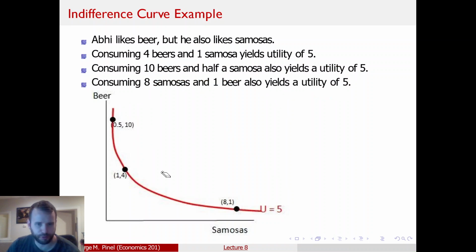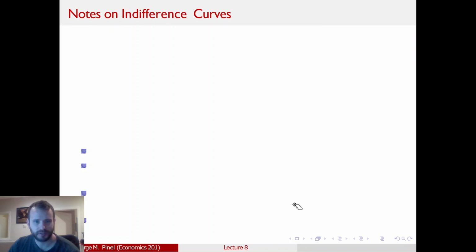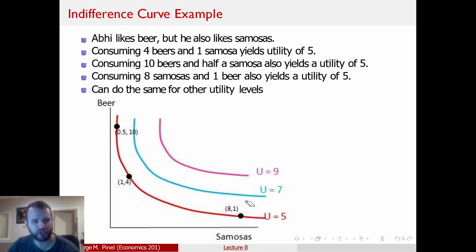So here there are 3 points plotted on one indifference curve. And of course, you can have higher indifference curves corresponding to higher goods. The utility from higher indifference curves is going to be higher than the utility from lower indifference curves. They're called indifference curves because you're indifferent between this bundle and this bundle. They all yield the same utility.